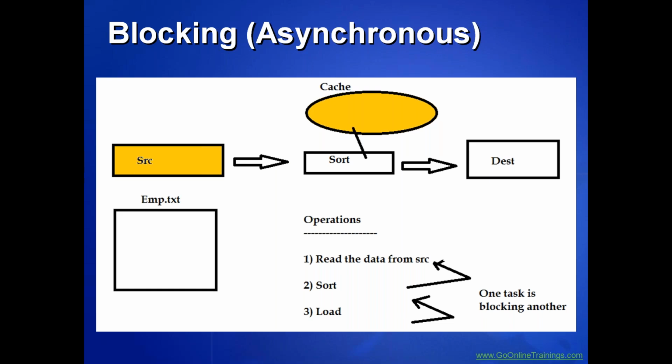So she is replying, sir, I have applied for jobs, but I'm not getting any calls. This communication is immediate. I am asking and she is answering. I'm asking, she is answering. This is what is called synchronous communication. There is no delay anywhere. When there is no delay anywhere, that is what is called synchronous. But if there is a delay, that is what is called asynchronous.